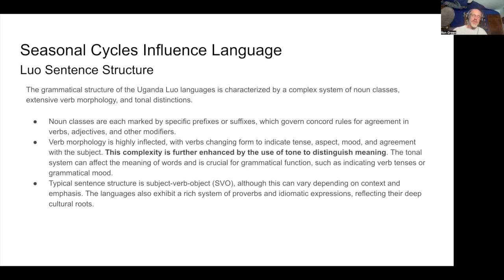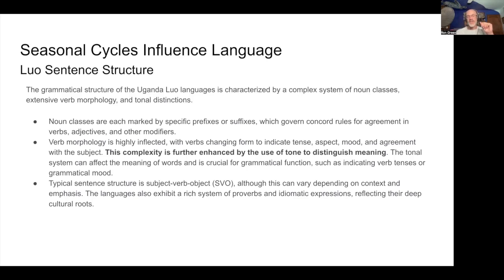In Luo, this is what I understand, the typical sentence structure is like English: subject, verb, object. Although it can vary depending on context and emphasis. This is also true in English to some degrees, especially in archaic forms of speech.